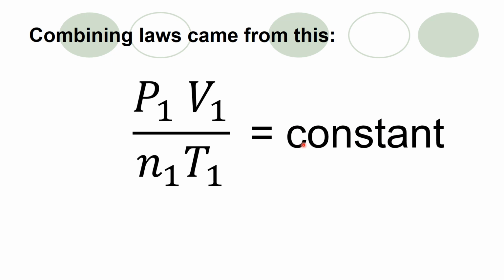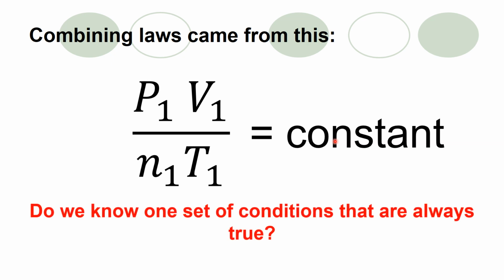And if it works out to a constant value, then another set of conditions will work out to the same constant value, and we can set the ones equal to the twos. But there's something else that we can do with this. If we know one set of conditions that are always true, we can figure out what this constant is right here. And what this constant is going to be kind of important.